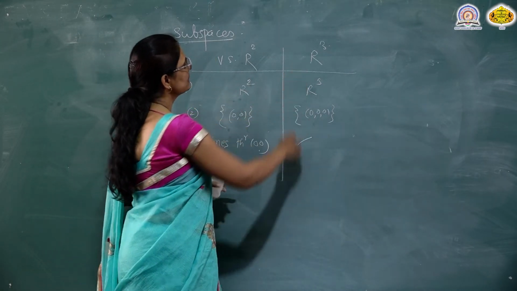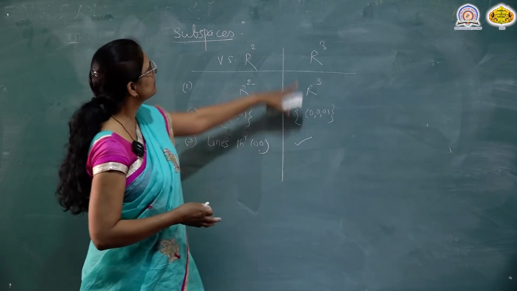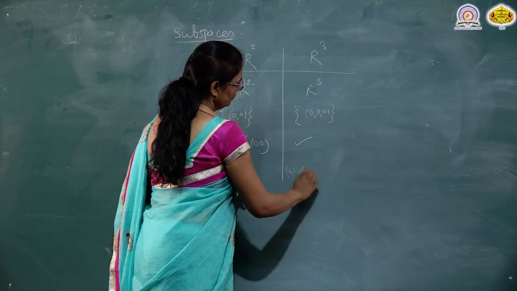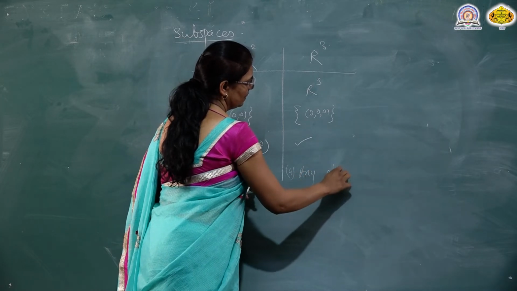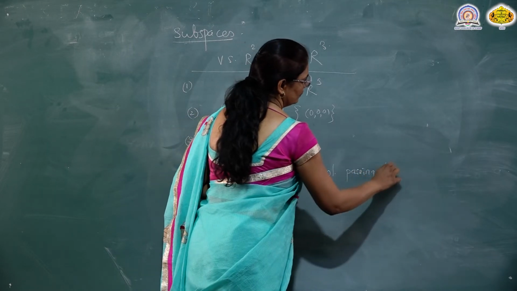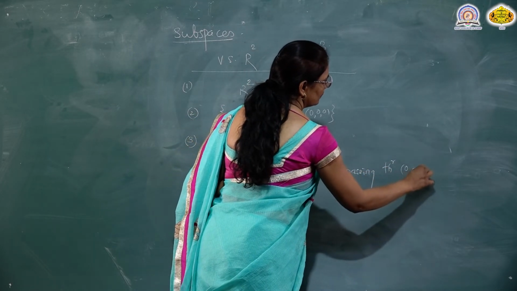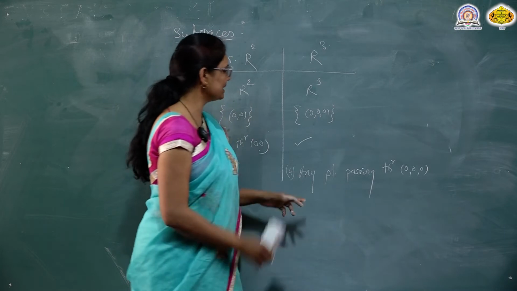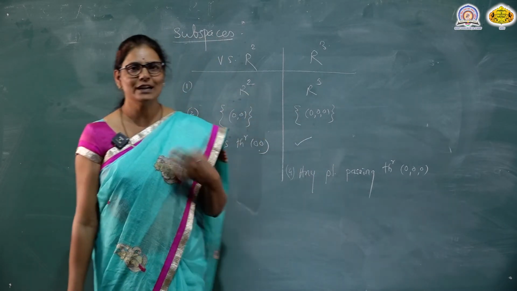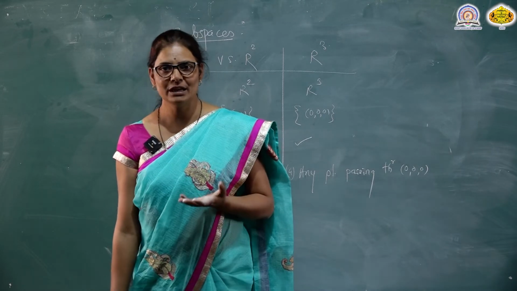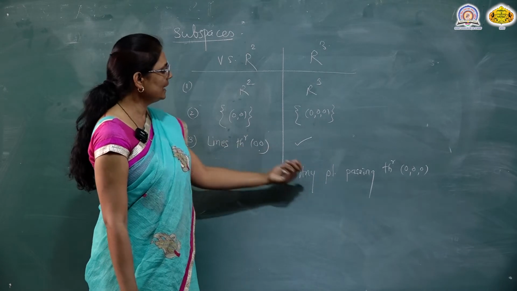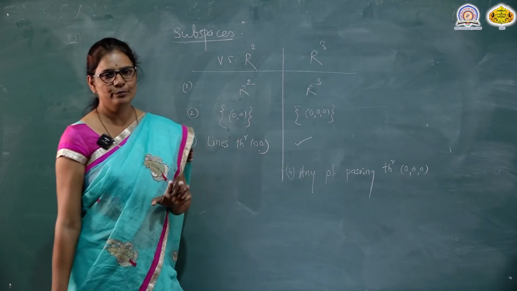And another subspace for R3 is any plane passing through origin. Any plane passing through origin is also a subspace of R3. So R2 and R3 have infinitely many subspaces because there are infinitely many lines through origin and infinitely many planes through origin.